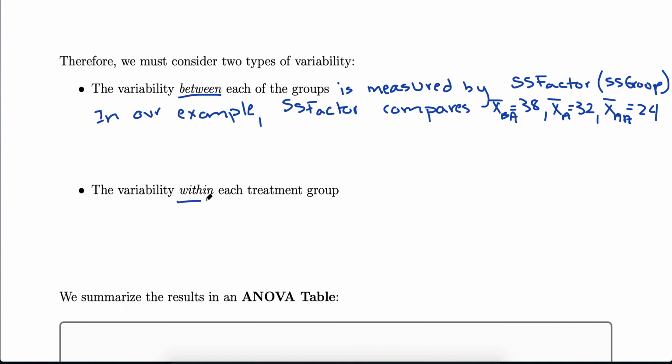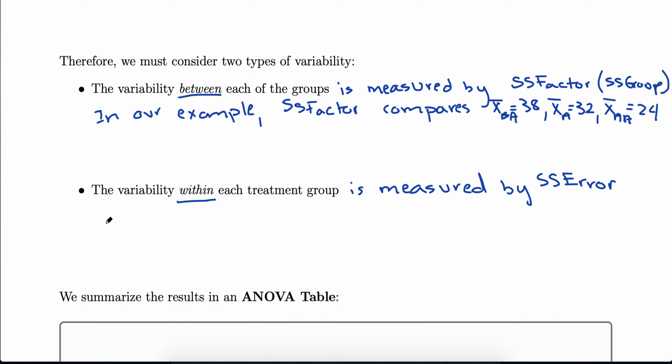The within variability, so that's our scenario A versus B. Is it consistent differences or are they kind of random? This one is measured by SS error. If you see this in software or other places, it might be called SS residual as well.